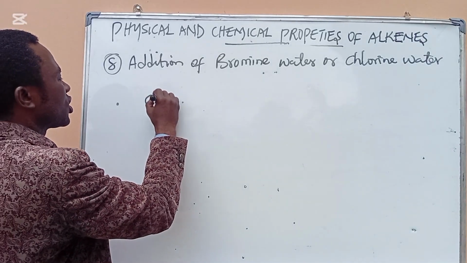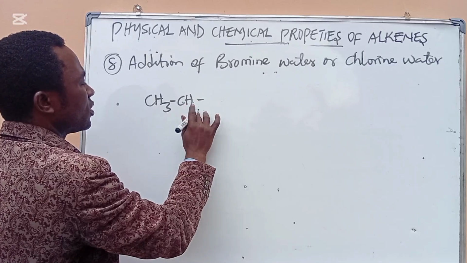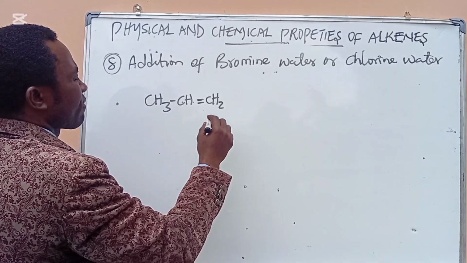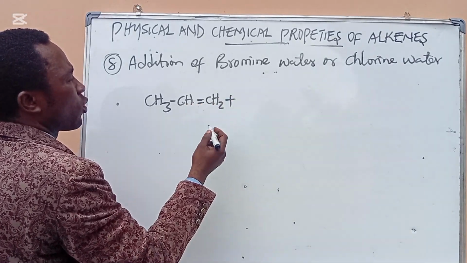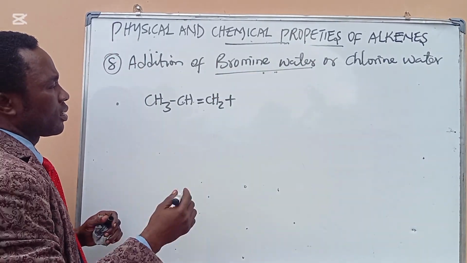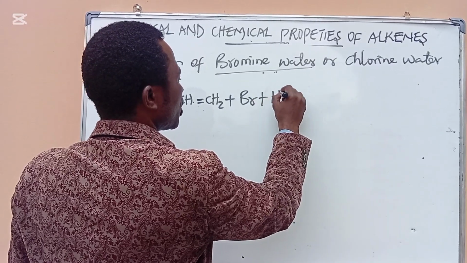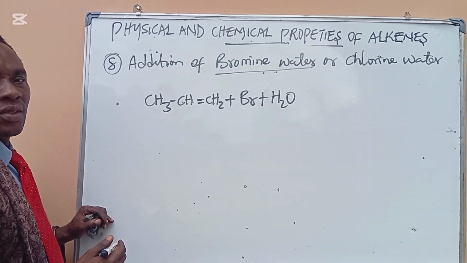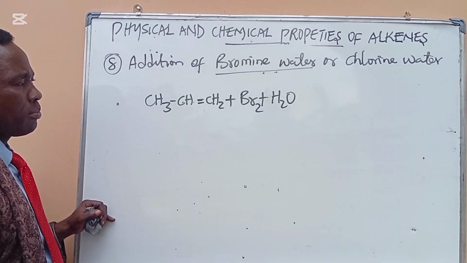Now when we have CH3 CH2 CH double bond CH2 and you add this, what you have is addition of bromine water. Bromine water is actually an aqueous solution of bromine, that is bromine plus H2O. So when you add this, what do we have? Bromine is Br2.